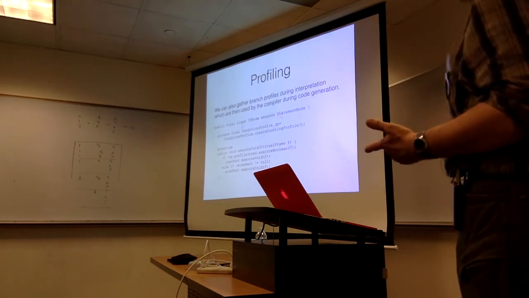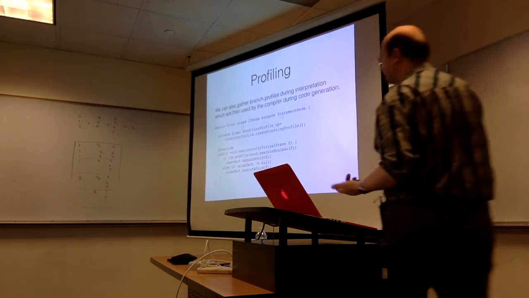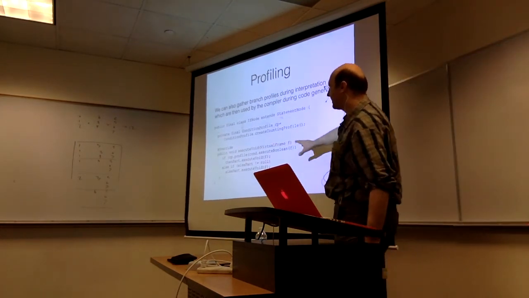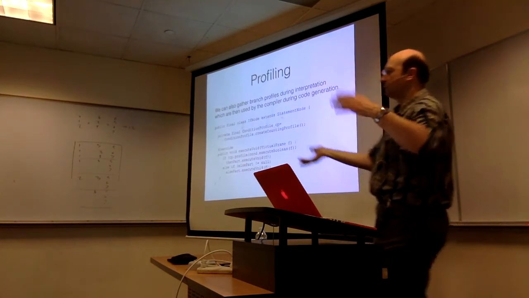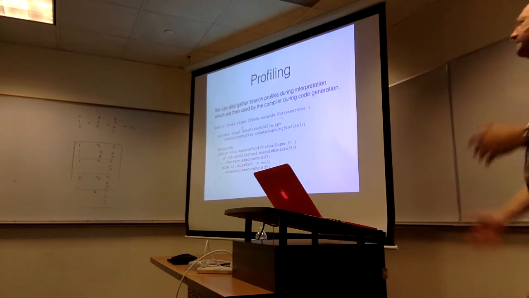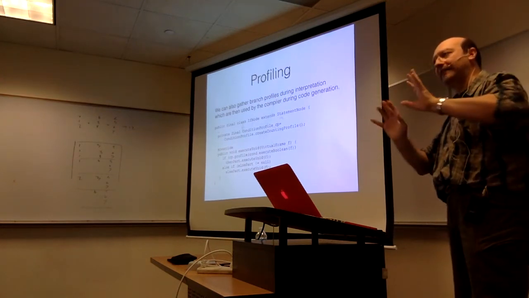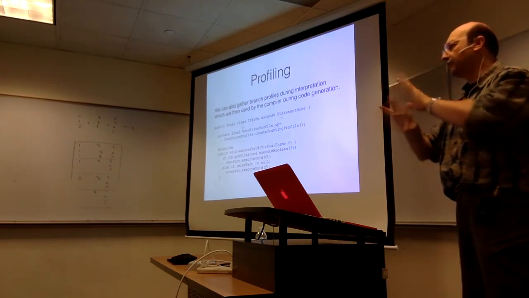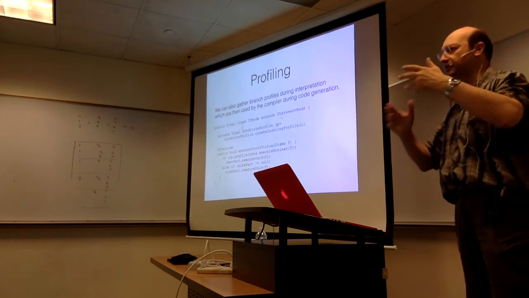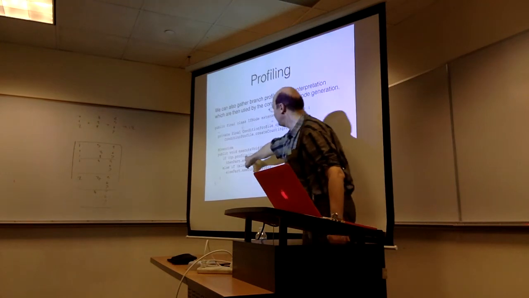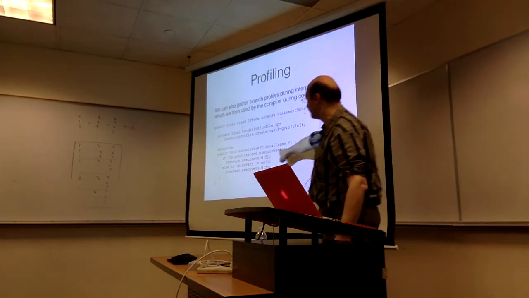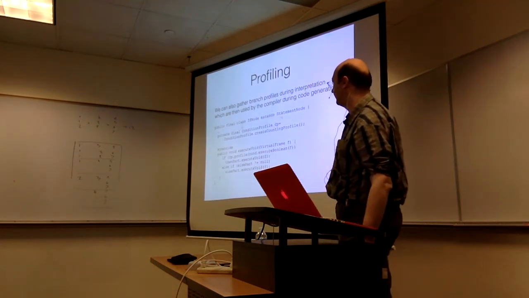There's a more nuanced version, which is called a condition profile, and that's for the case where you don't know what the probabilities are like. Right? It could be 50-50 or 60-40 or 90-10, but you just want to measure and have the compiler, based on the measurement it takes during interpretation, do whatever it thinks is the right thing. So you make one of these objects, and you pass it the Boolean that's the result of evaluating some other thing.